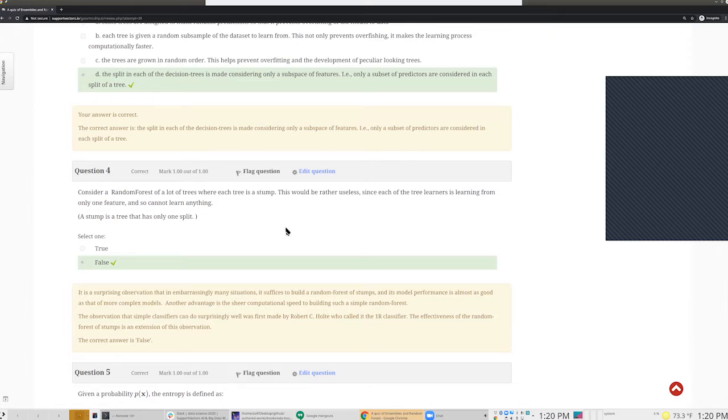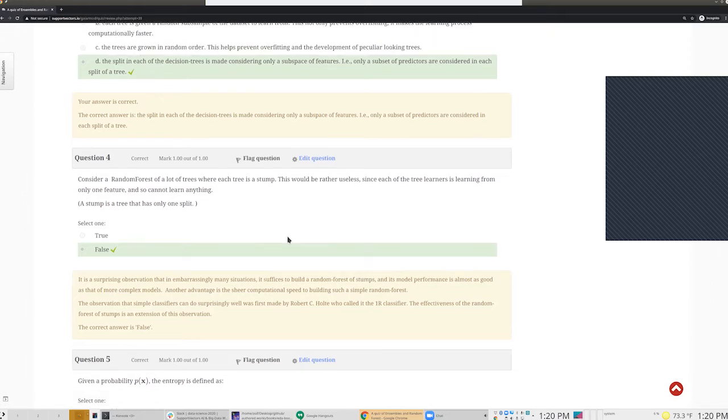All right, the next one: consider a random forest where each tree is just a stump. In other words, it makes only one split, on only one feature. That's it, just one feature and one split. This would be rather useless since the tree learners cannot learn anything. That was the statement. It seems very enticing to say yes, but actually no. This was one of the rules I kept telling you about, the one hour rule.